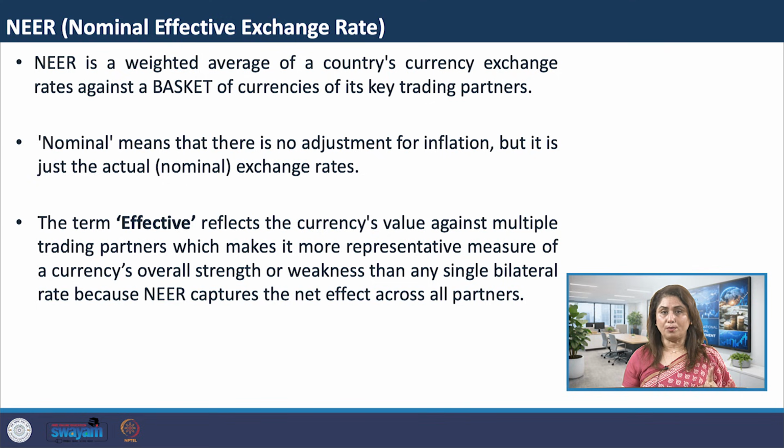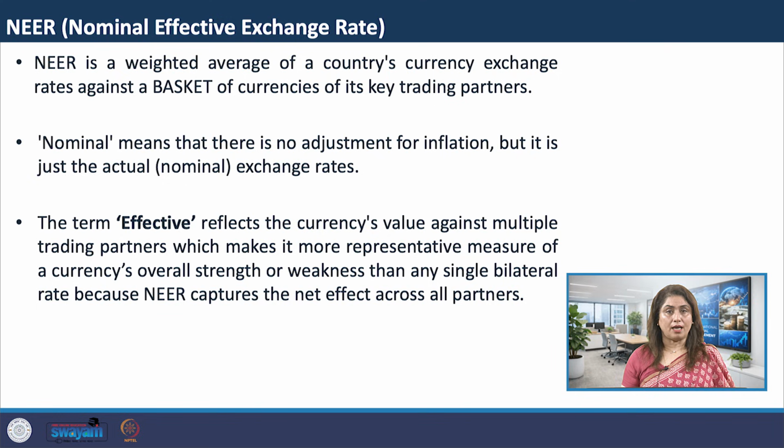The word nominal. Nominal tells us that there is no adjustment for inflation. We are simply looking at the actual exchange rates as they are. Then the next word is effective. The word effective tells us that this rate is computed against trading partners, not just one country.